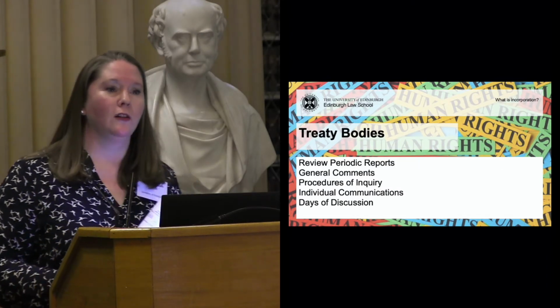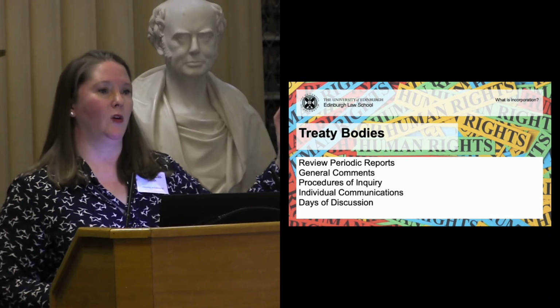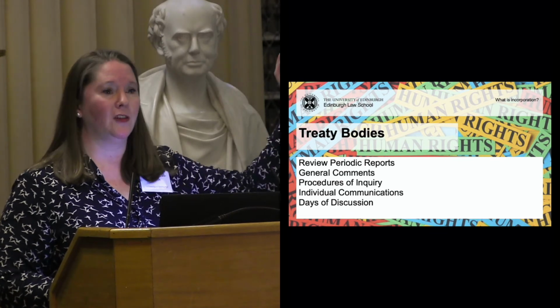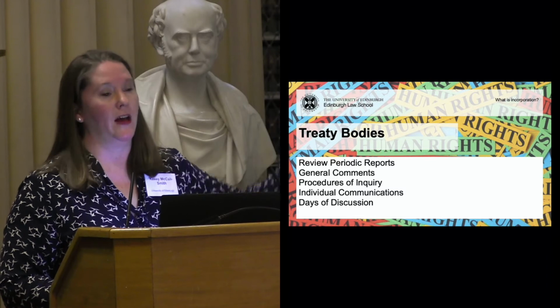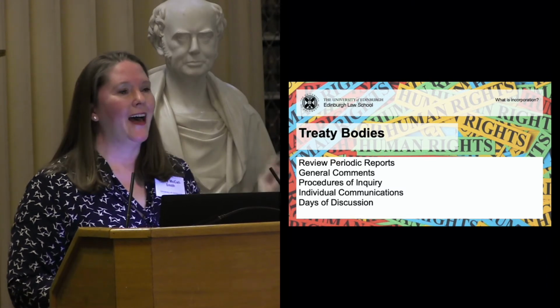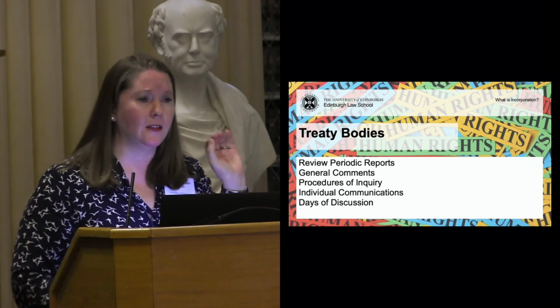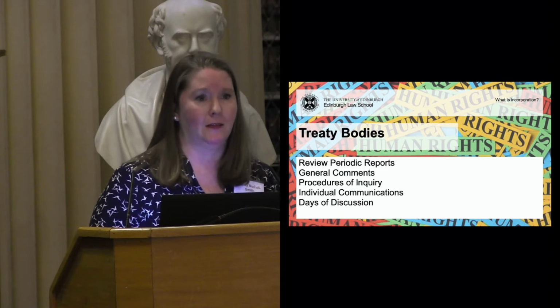So I said I was going to talk a little bit about the treaty bodies. When we talk about incorporation, I mentioned already that the international standards that are set out in the human rights treaties, and all of that list that I gave you at the beginning, that is the floor. They are the bare minimum. And I can say that with confidence because they were negotiated by states.